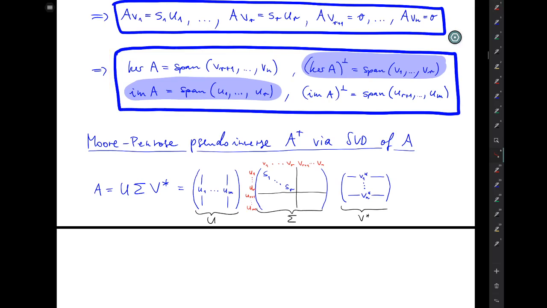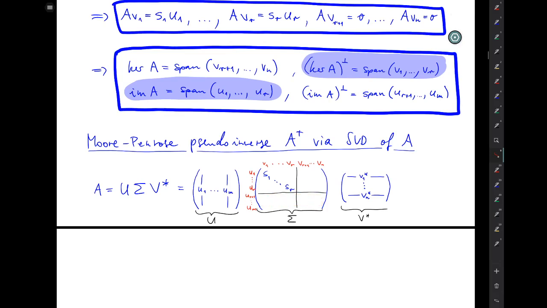So for example, if you input to your sigma a vector that has only components in the directions of v_{r+1} to v_n, then these will hit all of these zeros and will return you a zero element, which perfectly corresponds to this formula here for the kernel of A. If you give it an arbitrary input, then it's clear that the output will only be supported on components belonging to u_1 to u_r because you have zeros down here.